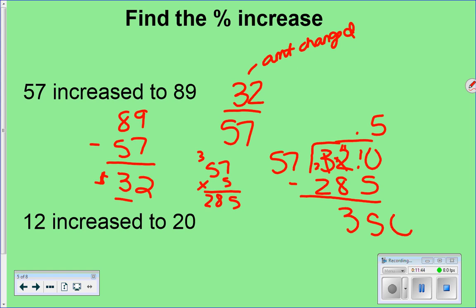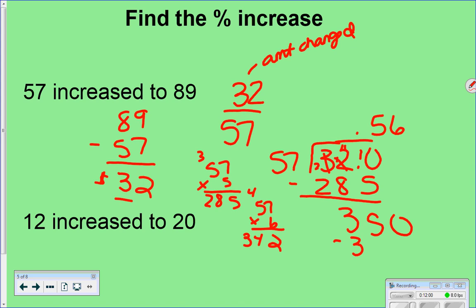Okay, we're going to bring down another 0. And probably 57 times 6. 2. Which leaves me with 8.